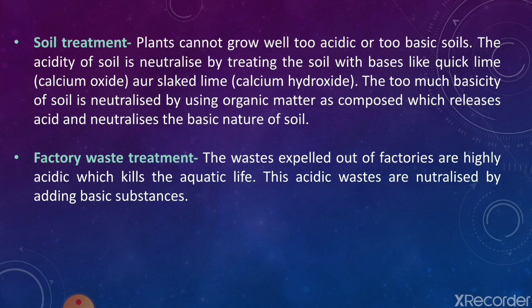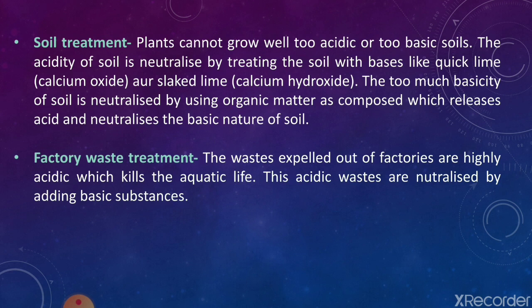Next one is soil treatment. So students, one more thing: if our soil is too acidic or too basic, then plants will not grow properly there. Mostly the soil should be neutral, in order to get a proper yield of the crop.